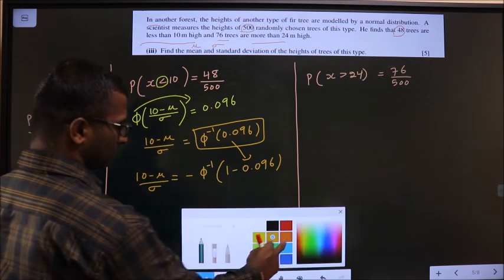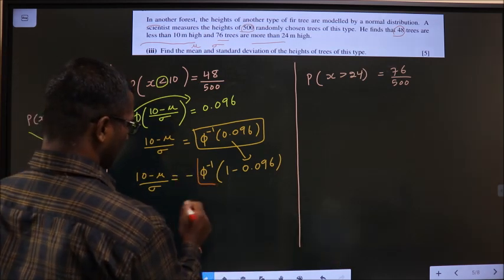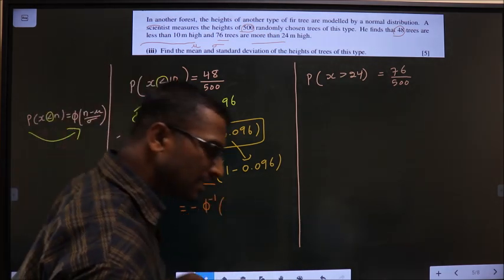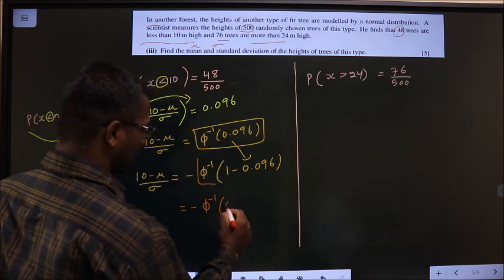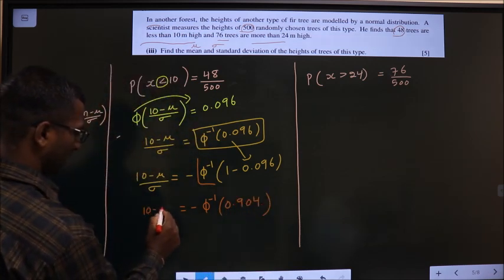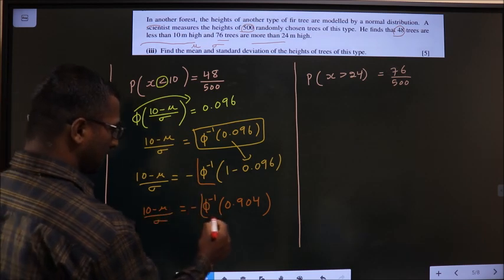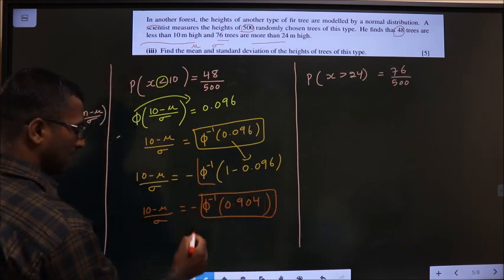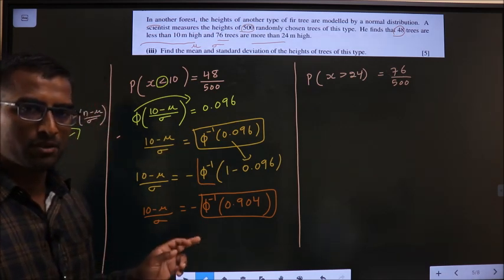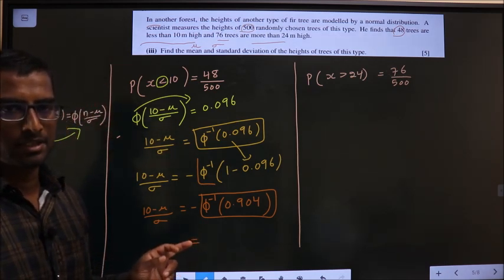Now further, 1 minus this is nothing but 0.904. Now get this value from the normal distribution table. If you have doubts in using the normal distribution table, look at the playlist given in the description.